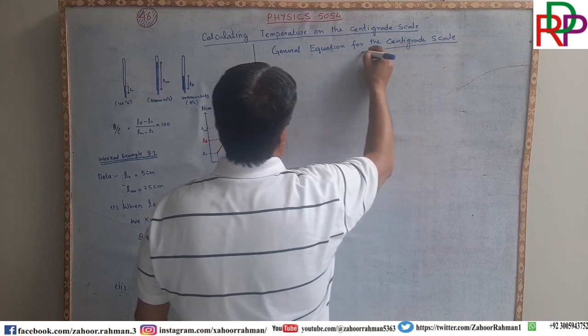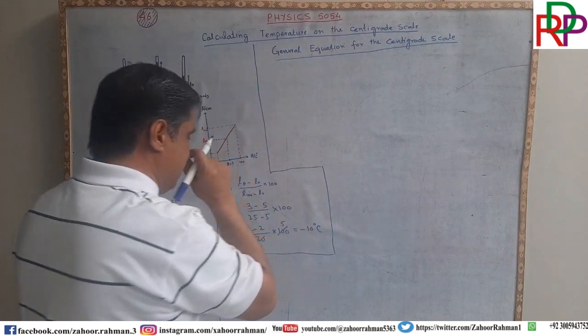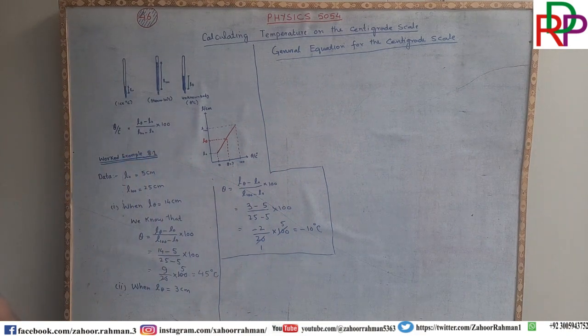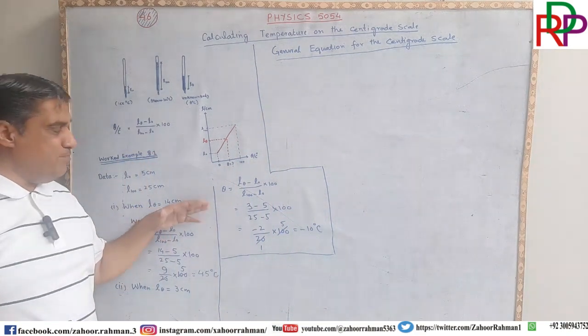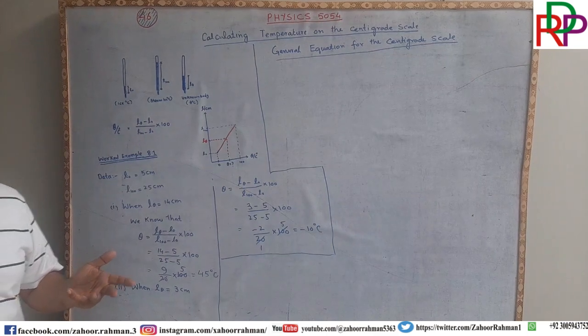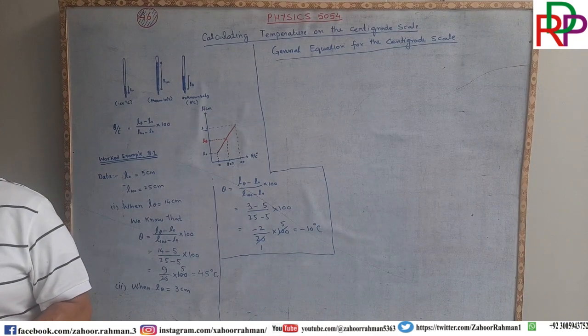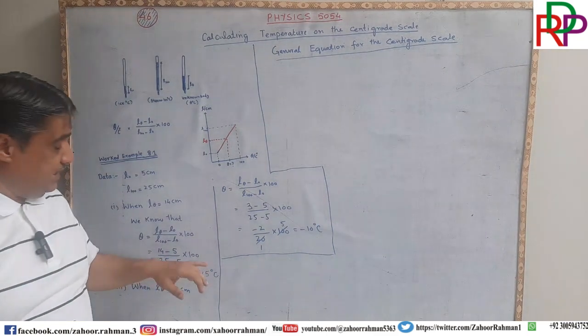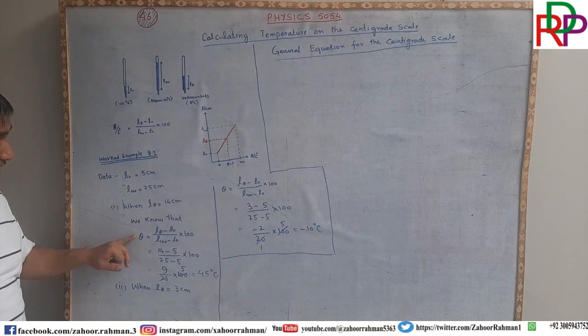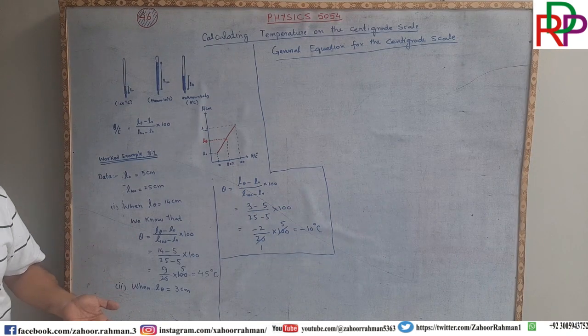Ladies and gentlemen, we use this for mercury length. We can use this equation to be generalized for resistance and for many other values, for many other types of thermometers.